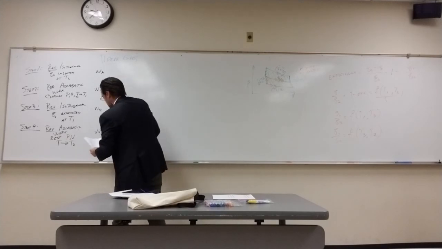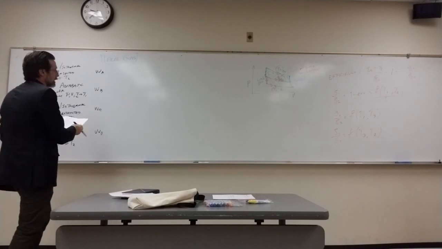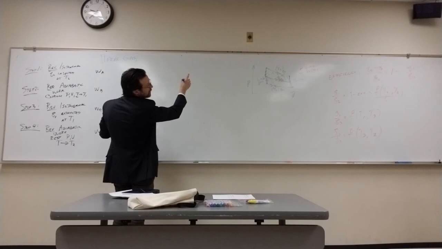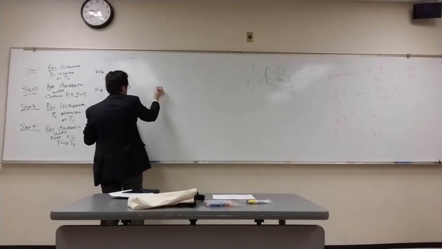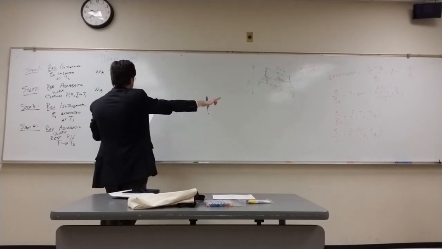I'll get through this page and then we'll go to the quiz. Okay, so I can take Q1, Q3, and divide it by Q1-2 divided by Q3, Q2, which is equal to Q1 over Q3, which I have here, which tells us that F of T1, T2 over F of T3, T2 is equal to F of T1, T3.